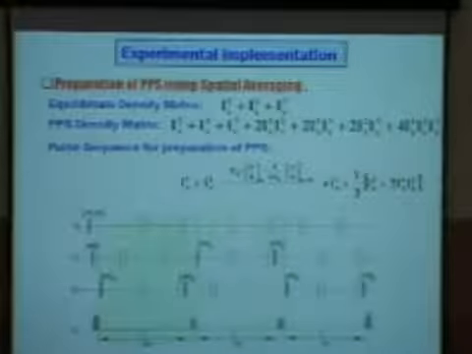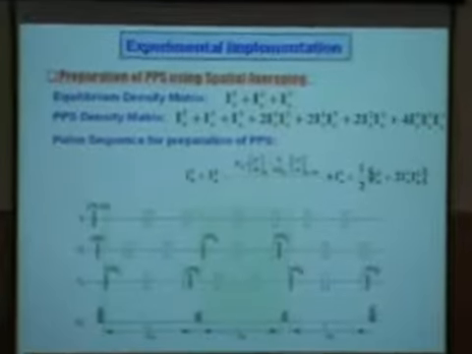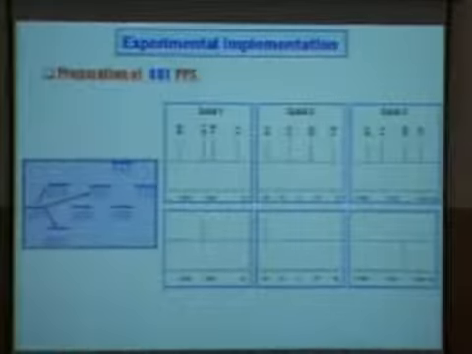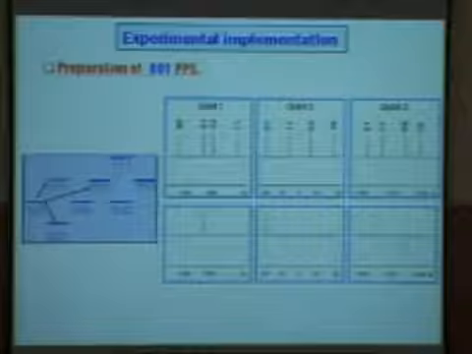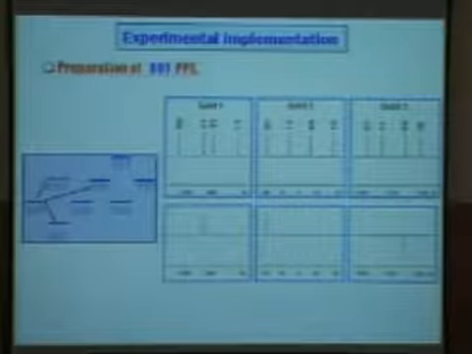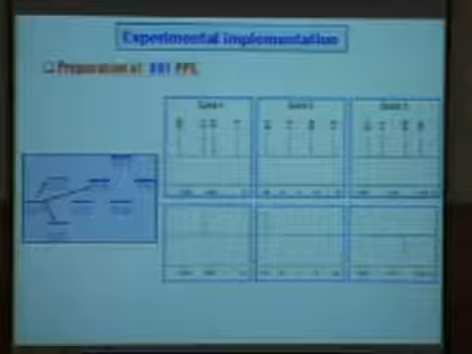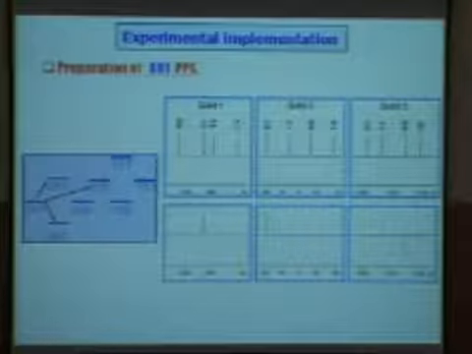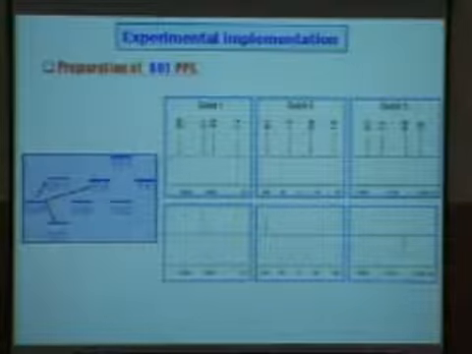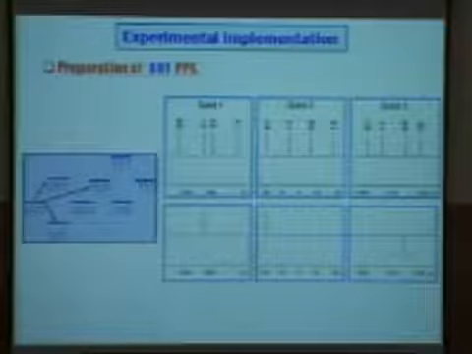Then we prepare the pseudopure state according to the recipe that I had given earlier, from equilibrium, and we get this result. Look at the result. What we have done is populate only this level, 0 0 1. So we have the second qubit in the positive transition, the first qubit in the positive, and the third qubit in the negative transition.